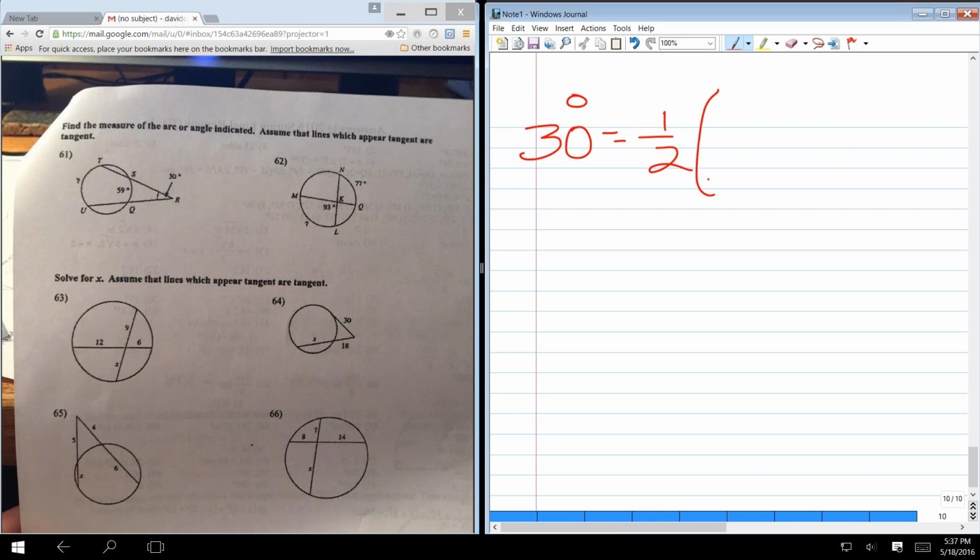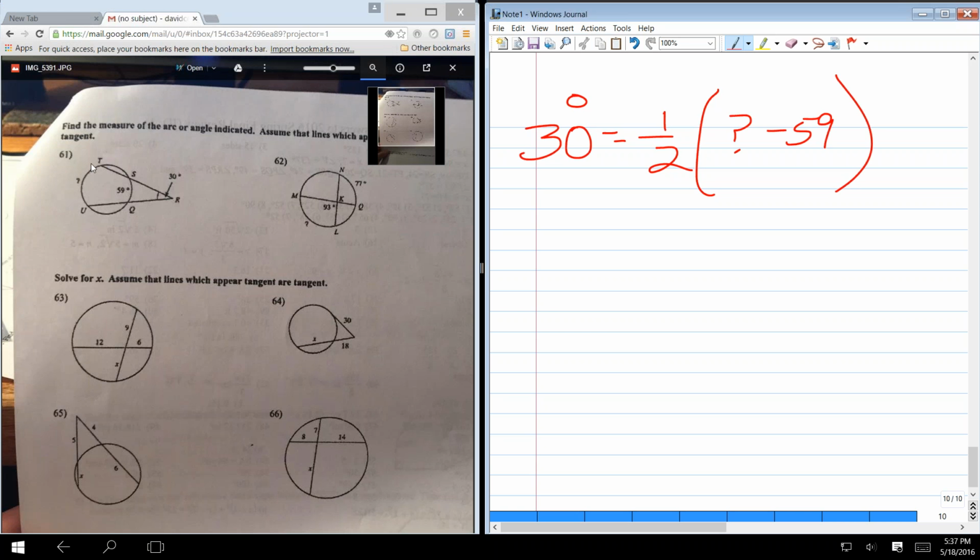No, it's the difference of the arcs. So it's 1/2 of the question mark minus 59, the question mark being arc TU. This angle is 1/2 of the difference of the two arcs that are intercepted. Well, one arc is TU, the other arc is SQ.